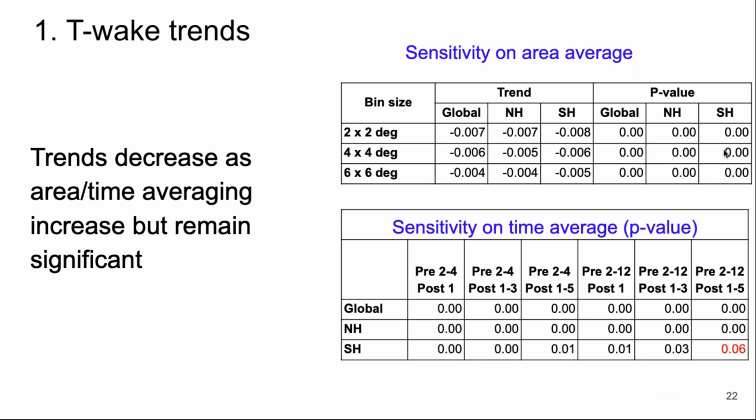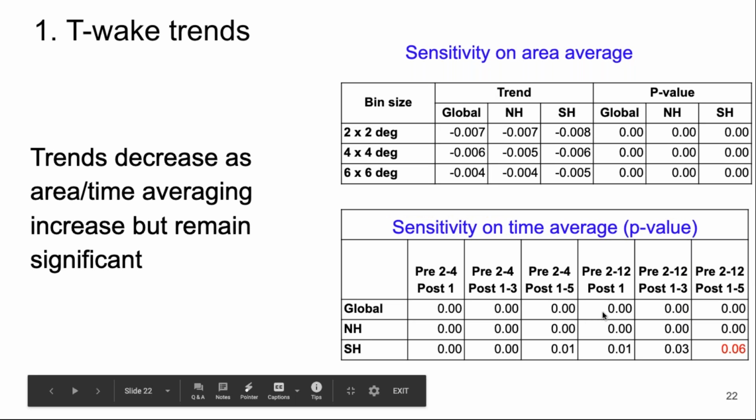But the p-value remains highly significant. We also tested different averaging periods: pre-storm 2 to 4 days, mid-storm 2 to 12 days, post-storm 1 day, and post-storm 1 to 5 days. The significance level doesn't change. Only the southern hemisphere shows a slight change in p-value, but it is still very highly significant.